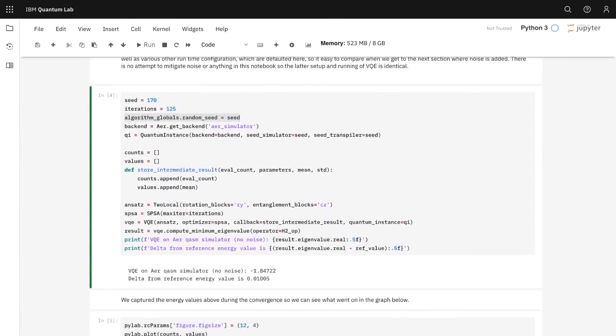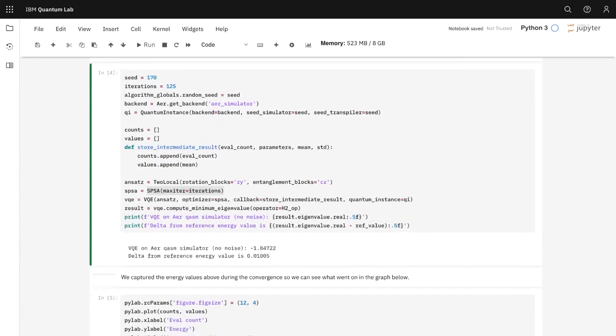And here we use the optimizer that's better suited for simulations with noise. It performs better, and we can run this using the hardware efficient ansatz.